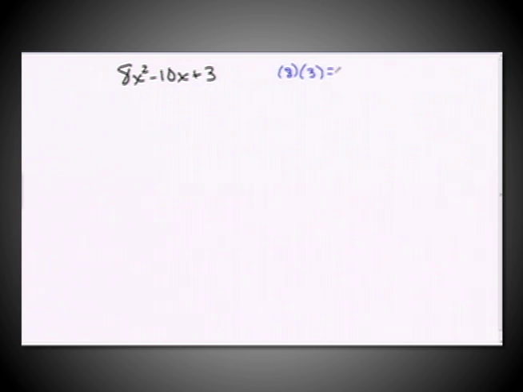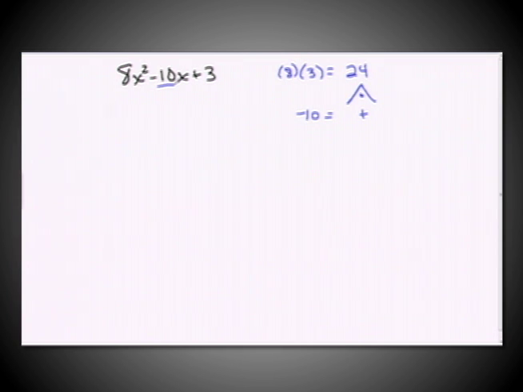So when I multiply 8 times 3, I get 24. Now that I have that product, I need to ask myself, what are the factors of 24 that add to make b, which in this case is negative 10.